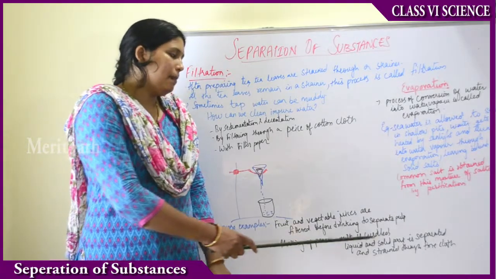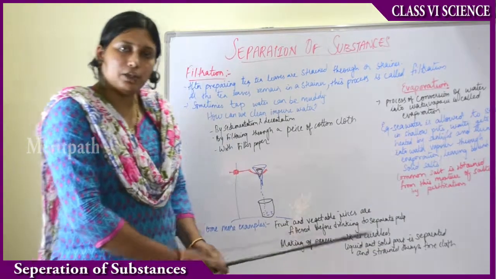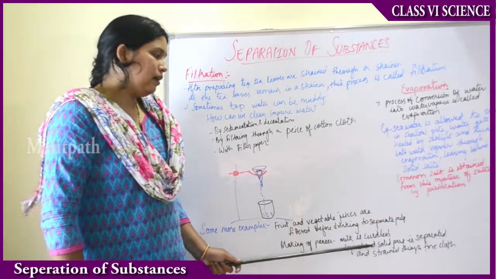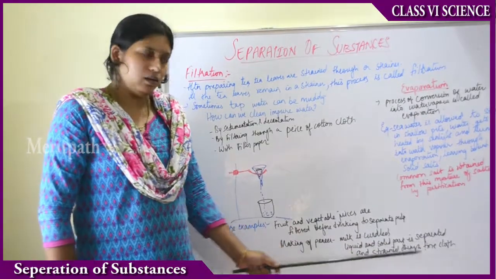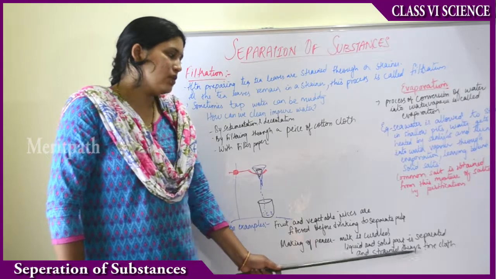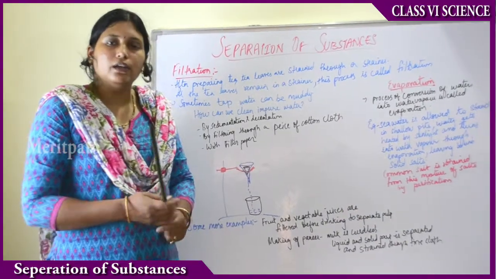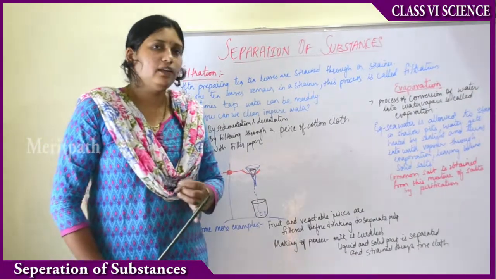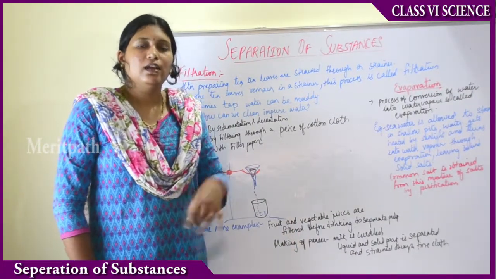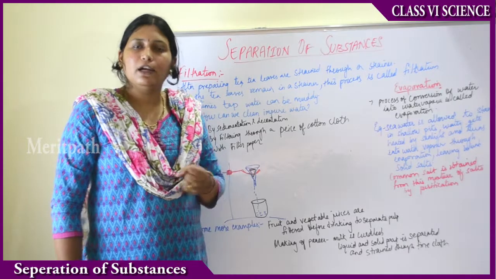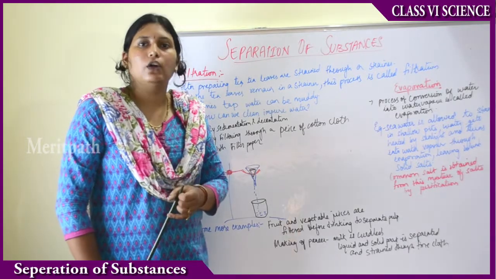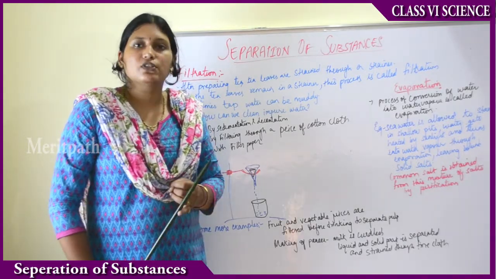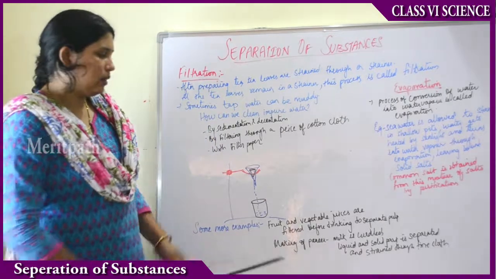So the milk is curdled by adding lemon juice or vinegar, then the liquid and solid parts are separated, and then it is strained through a fine cotton cloth. What happens when you strain through a fine cotton cloth? The liquid part will go away and the solid part will be retained in the cotton cloth. So the solid part which was retained in the cotton cloth is nothing but the paneer.